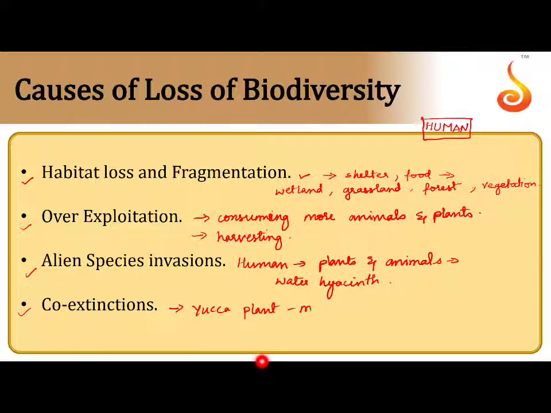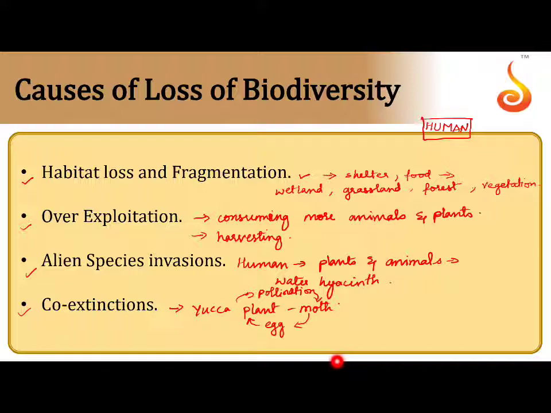We have learned this example under symbiotic relationship. The moth lays eggs in the yucca plant's flowers, because of which pollination is done by the moth. So basically just imagine if the yucca plants are all dead, there is no more yucca plant.